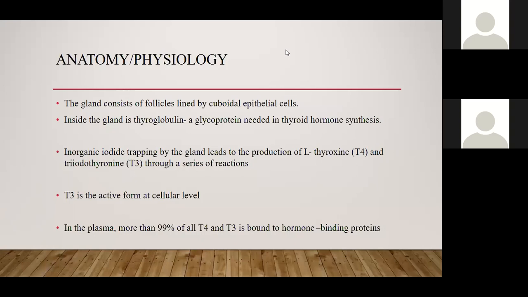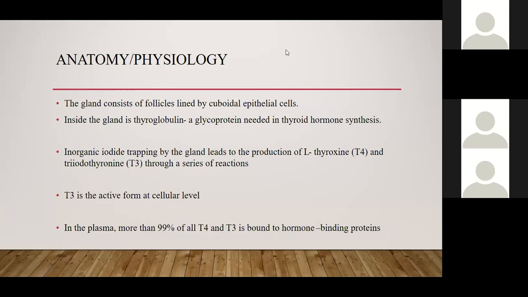Can you see my screen? Yes, sir. Okay. So you can see the thyroid gland and all that.